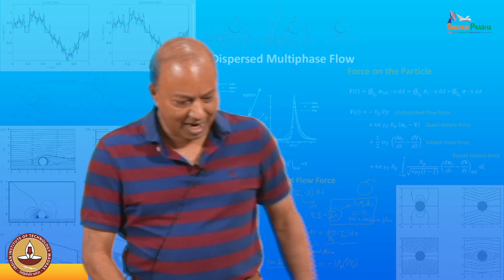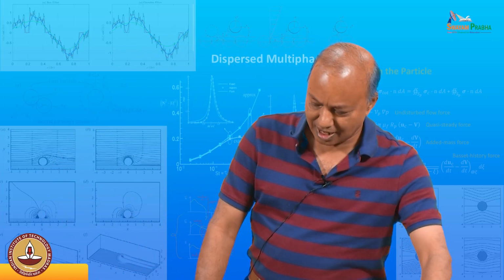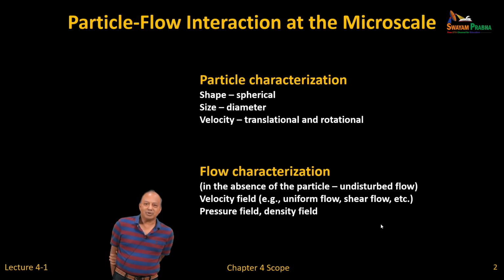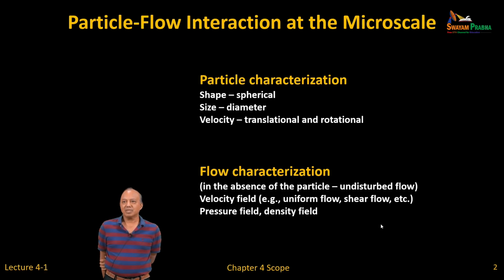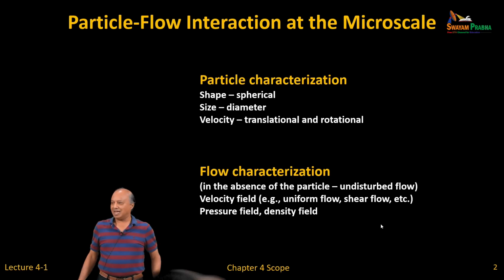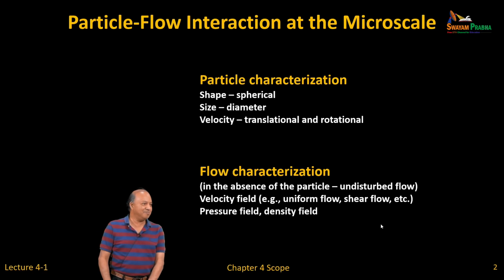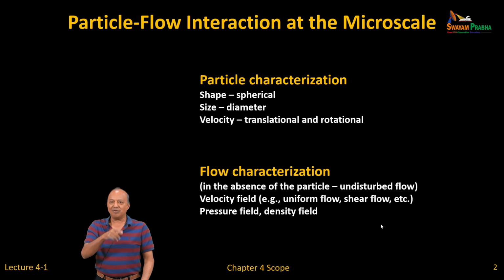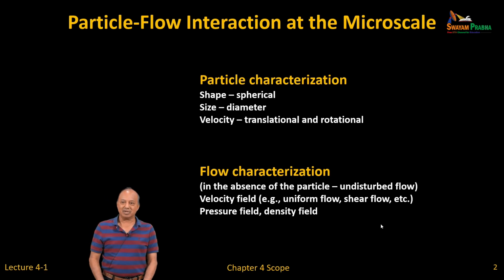So, with that, let me also point out that why do we look at a single particle? Because when we do the simulation at the meso scale or at the macro scale, in other words, you are looking at scales much bigger. Therefore, we are not going to be putting a grid around this single particle.